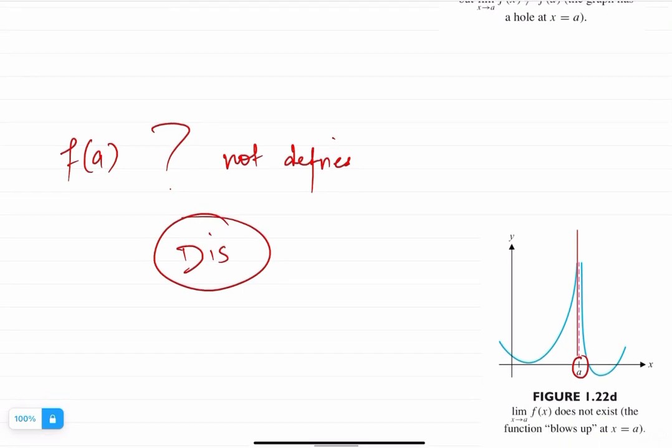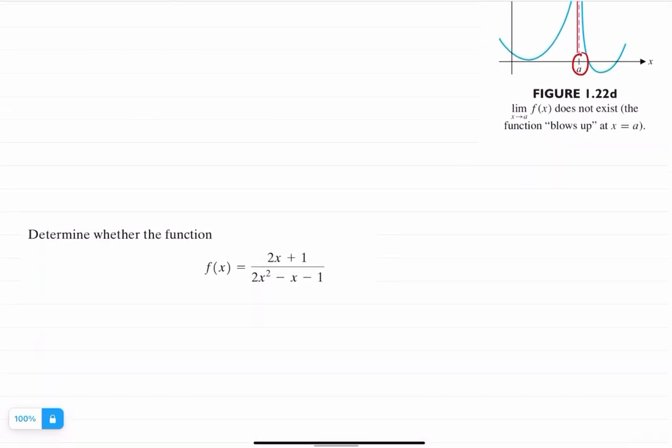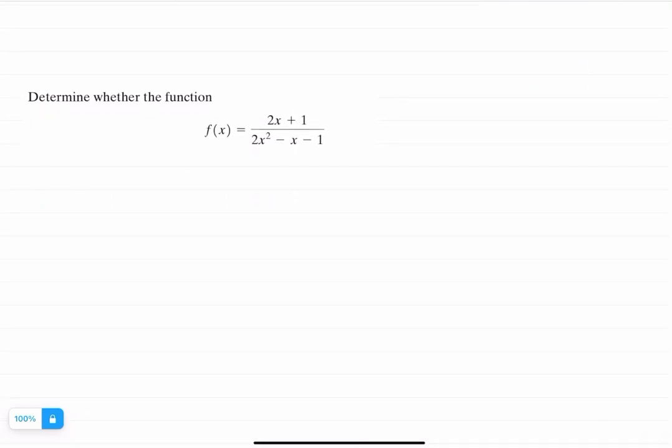Now let's take some examples and check the discontinuity for functions. Determine whether the function f(x) equal to (2x plus 1) divided by (2x squared minus x minus 1) is continuous. For example, if we want to check its continuity at x equal to 1, the first condition is: is f(1) defined, or we can say is f(a) defined? We will have to put x as 1.